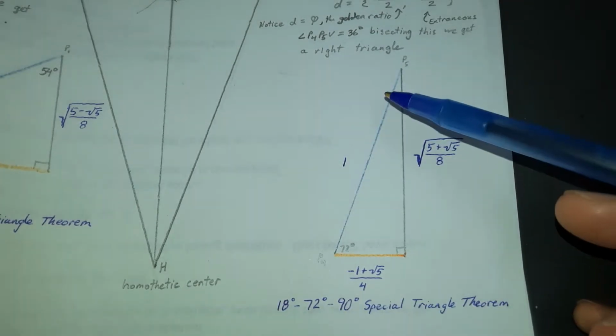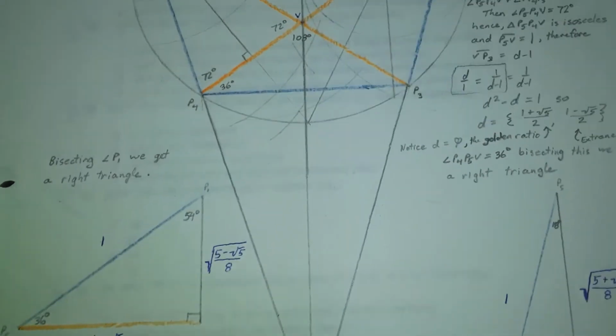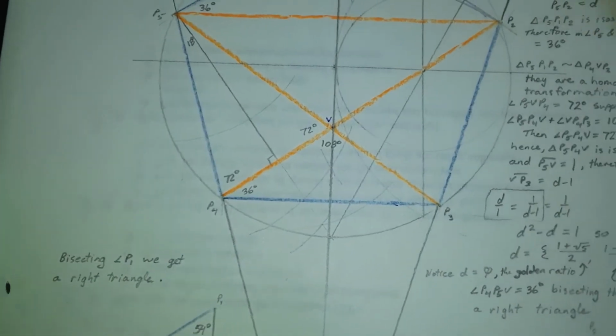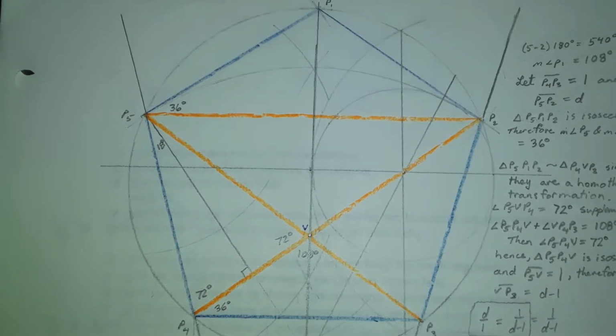Now this one's up on end here. So the one in the other picture that I had is just rotated. That's a simple geometric transformation. One fun thing about this derivation and the regular pentagon is it involves the number phi. So those that like the golden ratio, that shows up in this derivation.